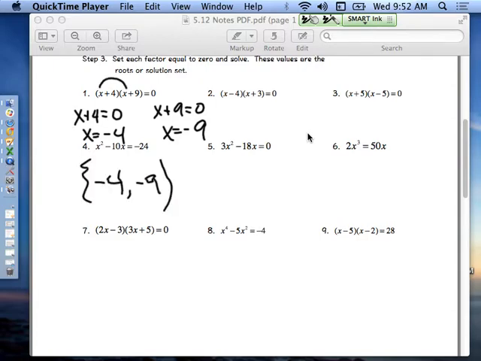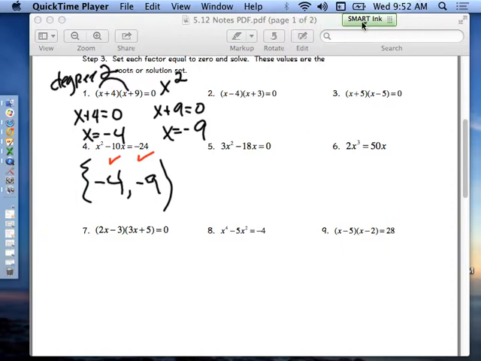If I were to multiply this out, the first term I get is x squared, so this is a degree 2 quadratic, meaning I can have at most 2 roots or solutions, which I do. Negative 4 and negative 9 are both solutions to number 1.